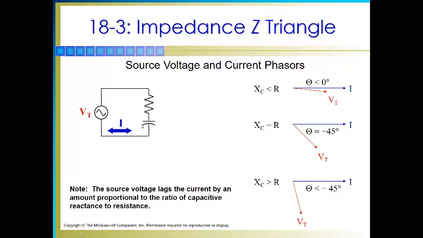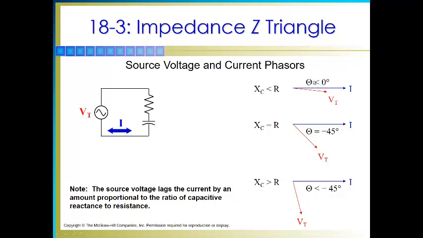If the capacitive reactance on the capacitor is less than the resistor, then the angle between the current and the voltage source, the total voltage, is going to be a negative angle.